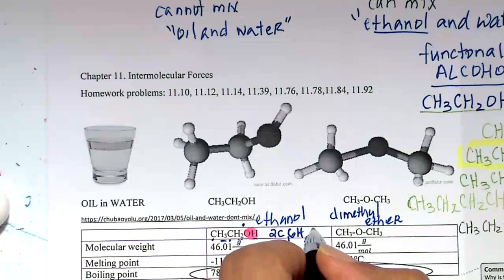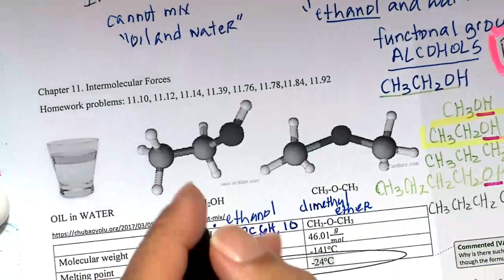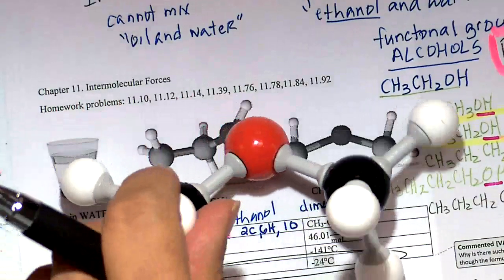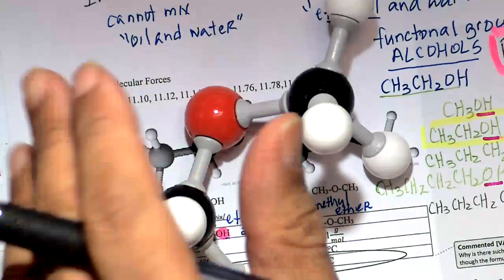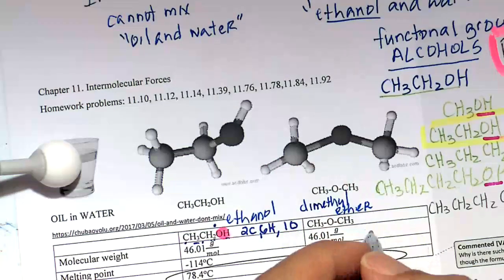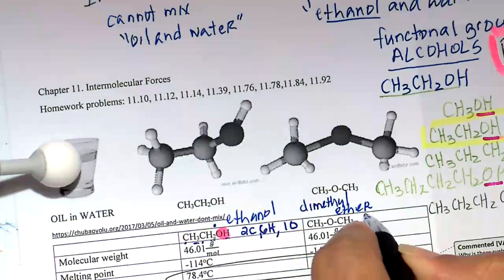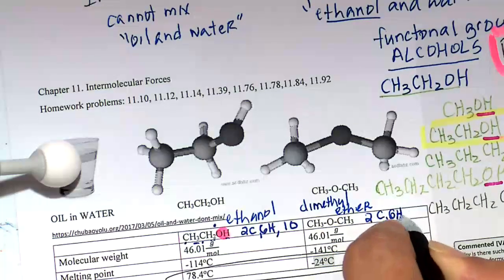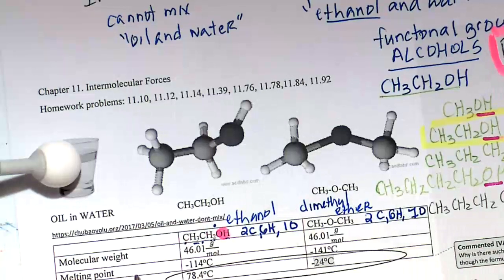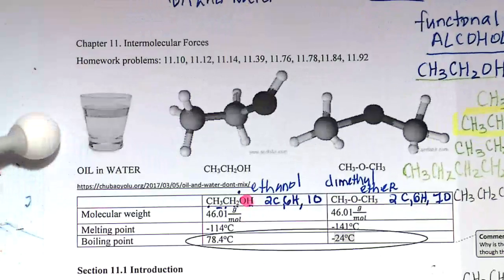How many oxygens? 1. Remember, I didn't add or remove anything, I just changed the atoms' order. How many carbons here? 2. How many hydrogens? 6. How many oxygens? So they're going to weigh the same.